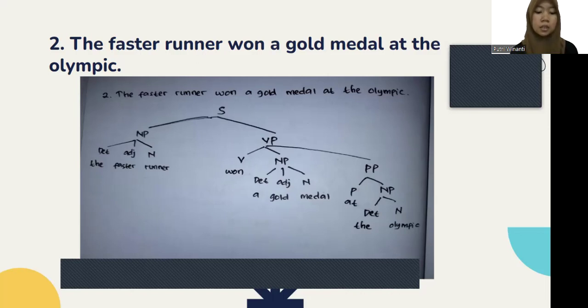The noun phrase is a gold medal. The determiner is a, the adjective is gold, and the noun is medal. And then the preposition phrase is at the Olympics. The preposition is at. The noun phrase has the determiner the and the noun Olympics.